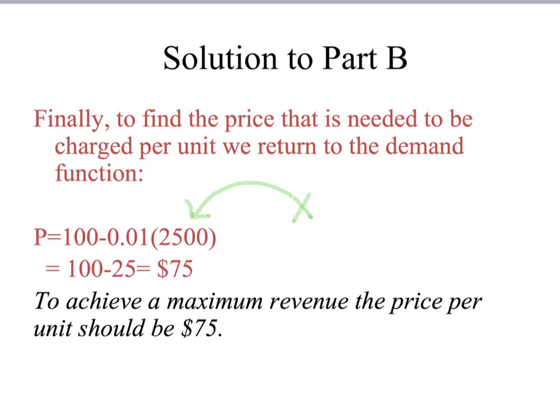As we substitute that back in, it tells us that the price should be $75, and that would give us our maximum revenue. I hope that this screencast has helped with the application of the derivative involving max and min.